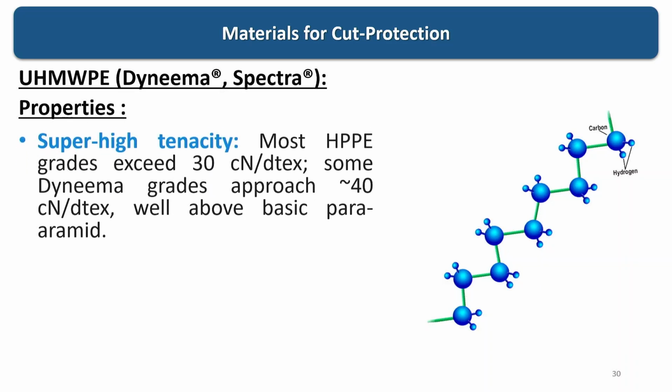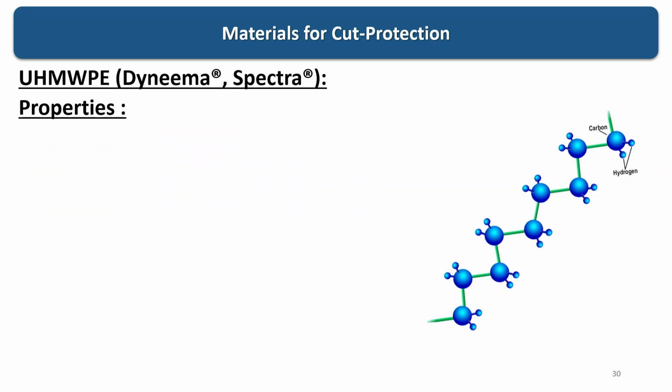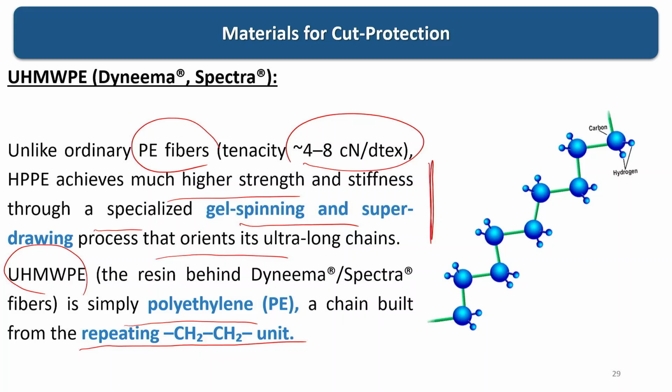So, the properties: it has super high tenacity. Earlier, normal polyethylene had a strength of 4 to 8 centinewton per decitex.